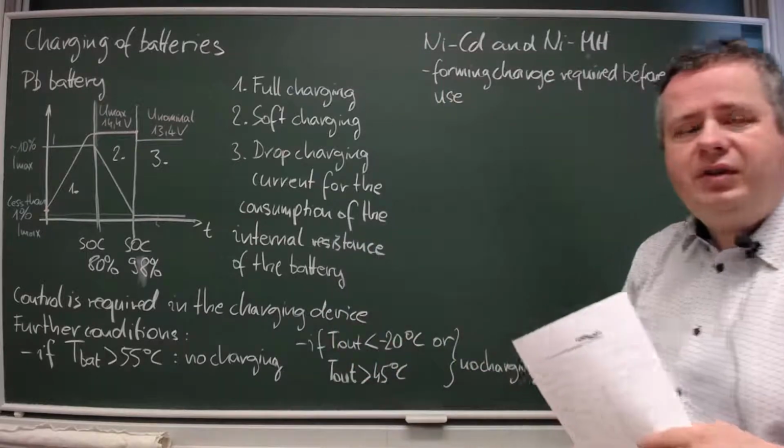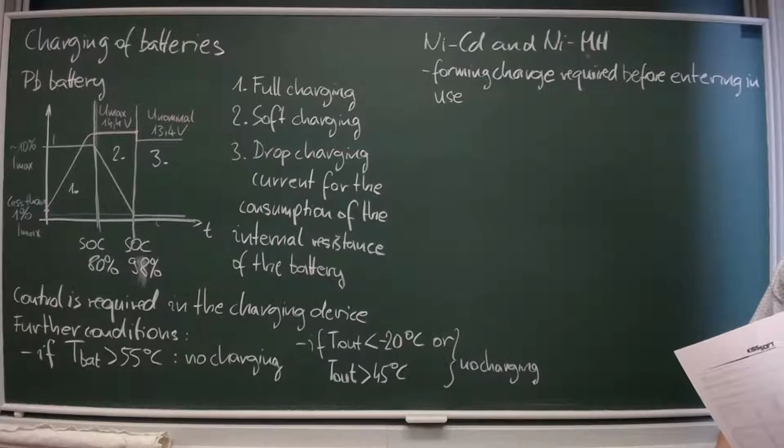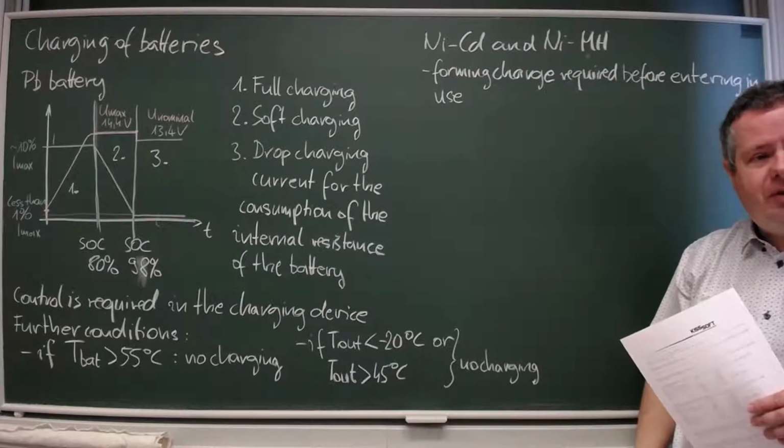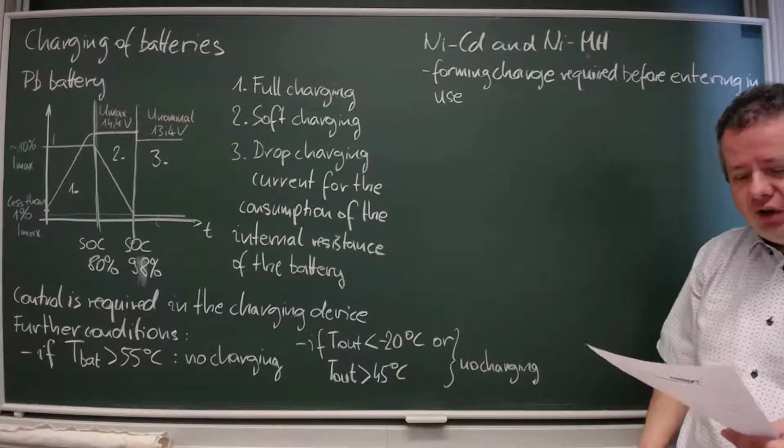And that's because these batteries have got memory effect, so they remember how they were used, and at which point of capacity, at which point of state of charge they were started to charge or discharge.